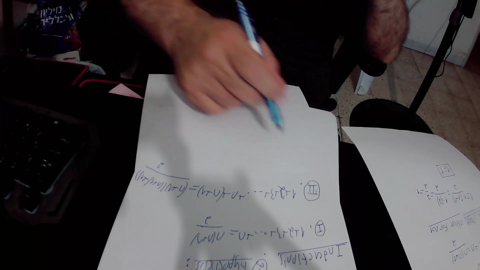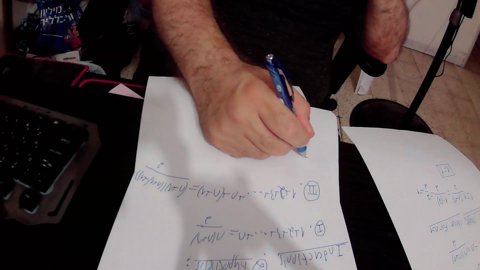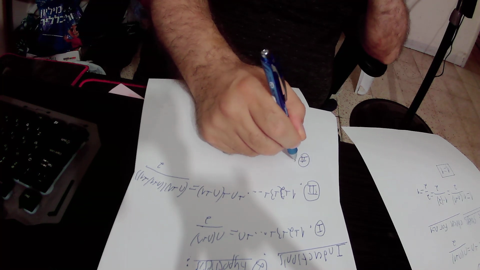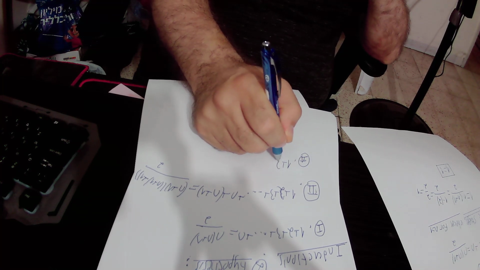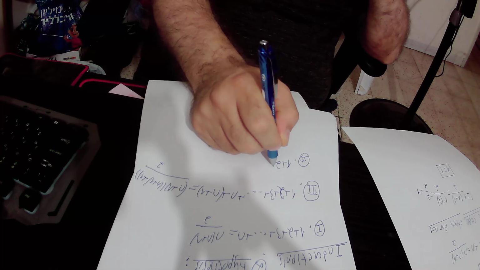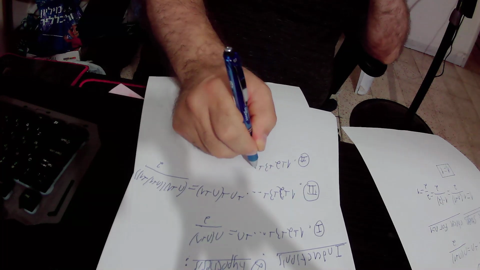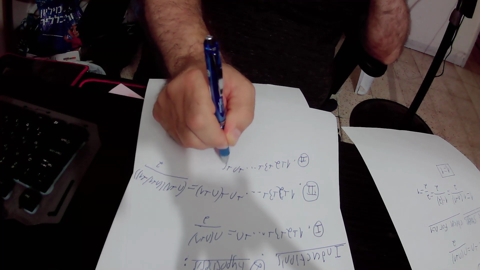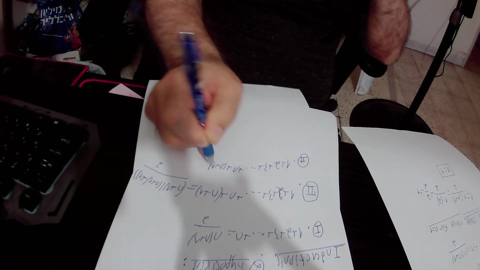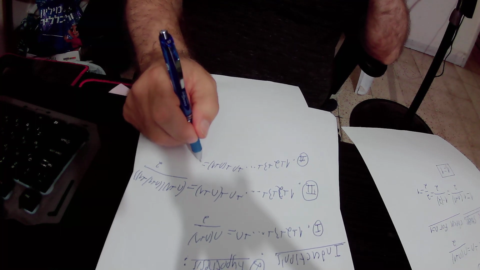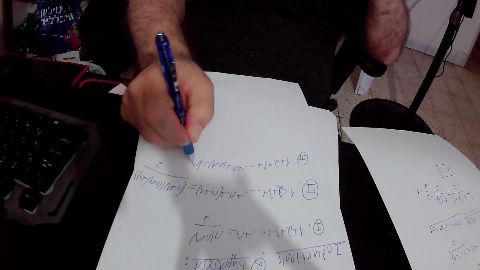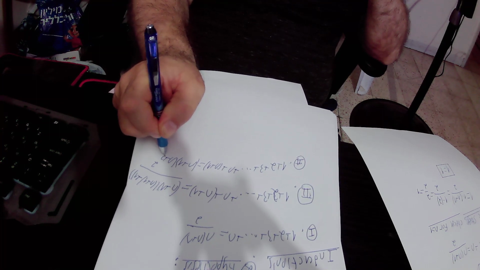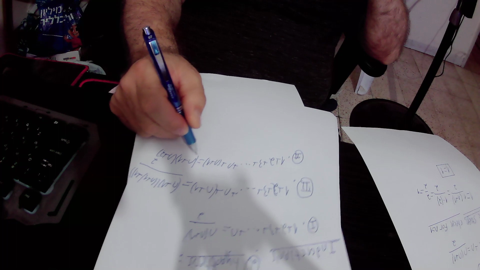But n plus 1 plus 1 is n plus 2, so we will write it down. 1 plus 2 plus 3 plus ... plus n plus 1 equals to n plus 1 times n plus 2, all divided by 2.